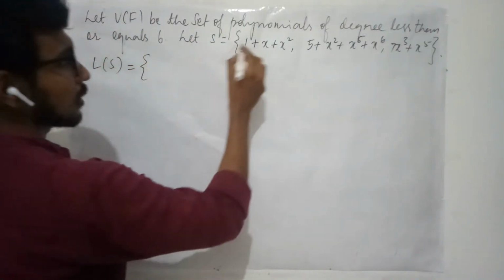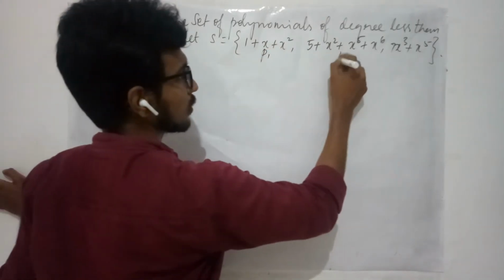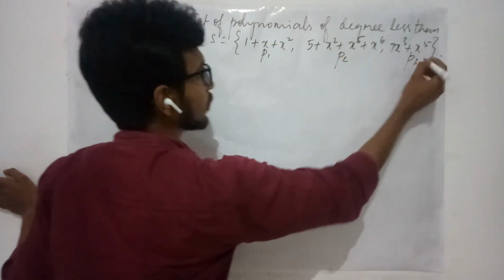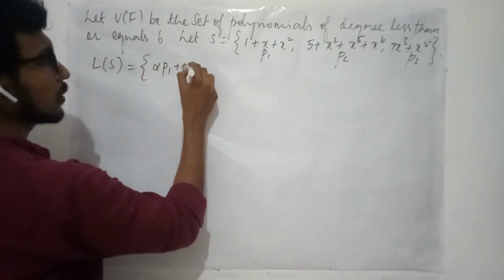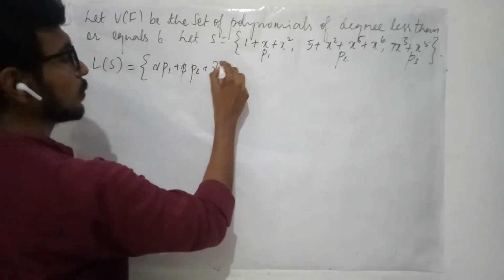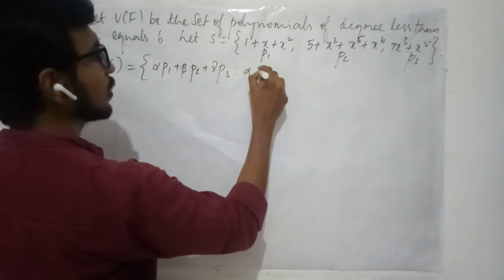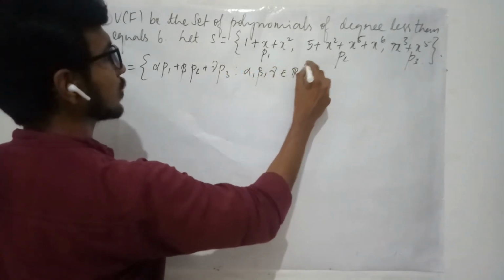Suppose if I take this one as P1, this is P2 and this is P3, my L of S is going to be alpha P1 plus beta P2 plus gamma P3, where this alpha, beta, gamma are real.